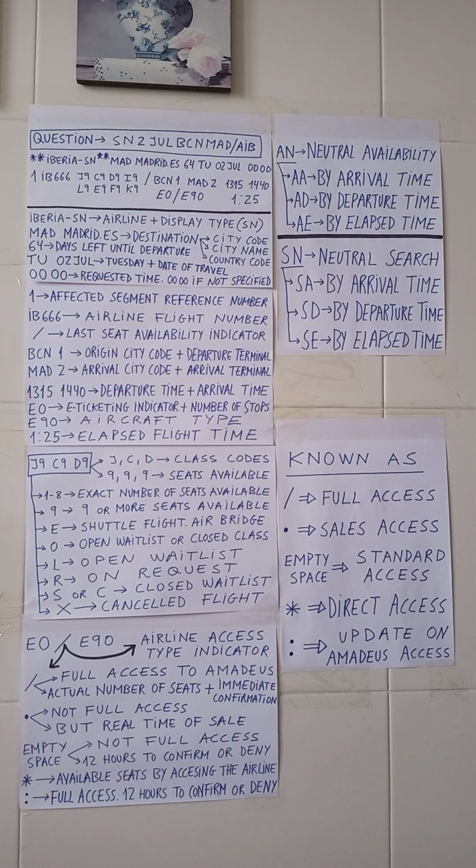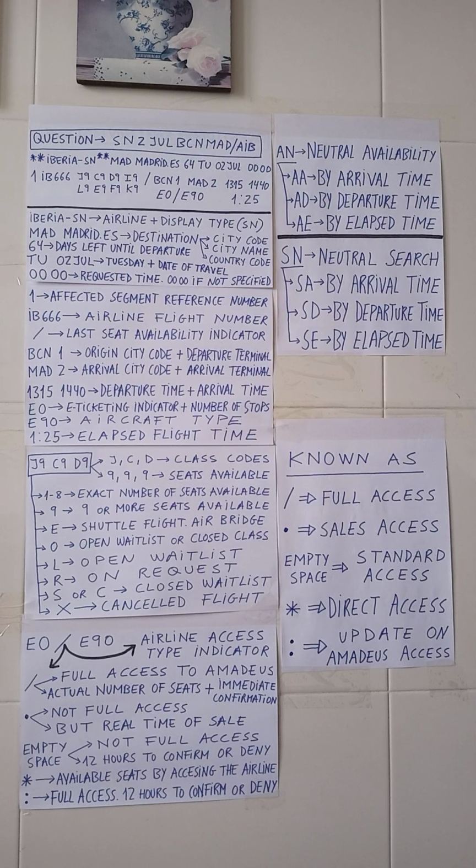You can see the 9 in 2 different situations. First situation. If the 9 is seen when we are working with screens such as SN, SA, SD, or SE, it means that Amadeus shows us the availability of seats before the airline officially opened the sale.